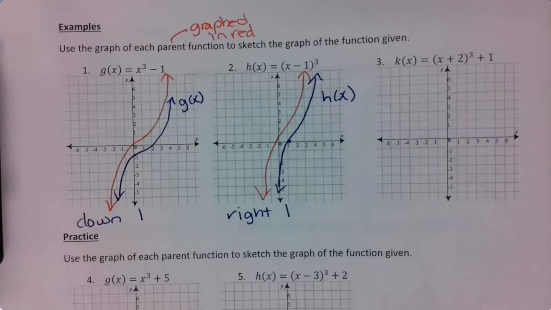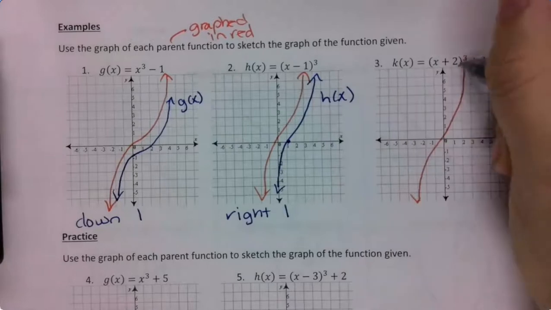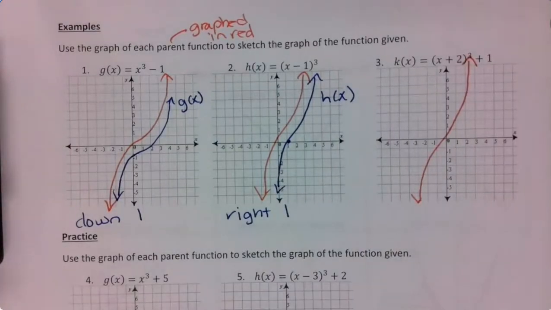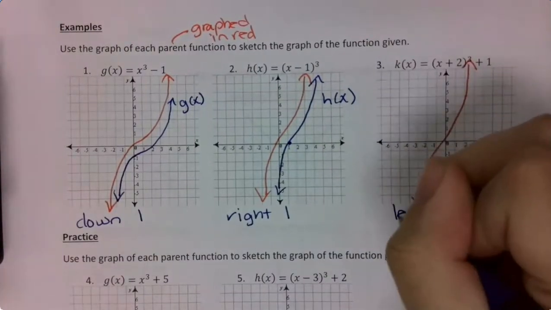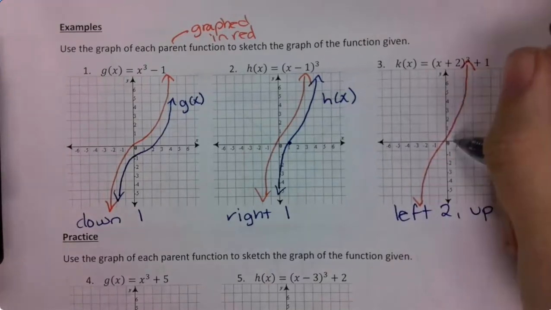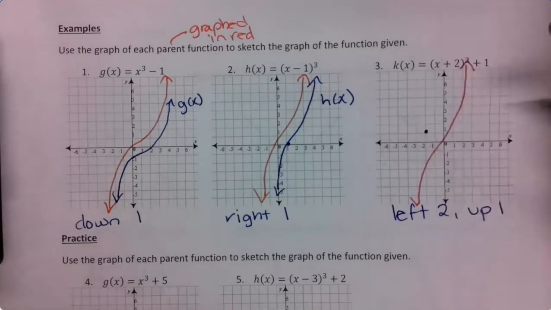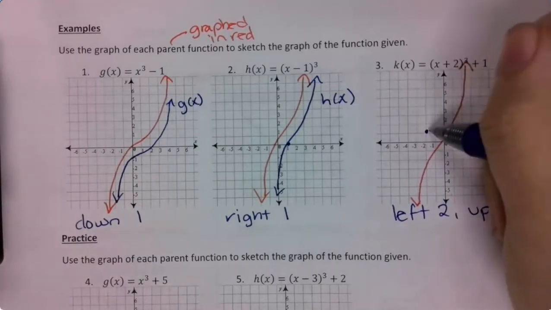So number 3 is again using a cubic function. But this time, what is it doing? Left 2, up 1. So I want to move my center left 2, up 1, and then sketch it out.